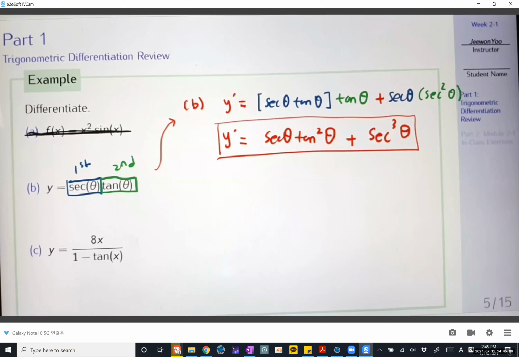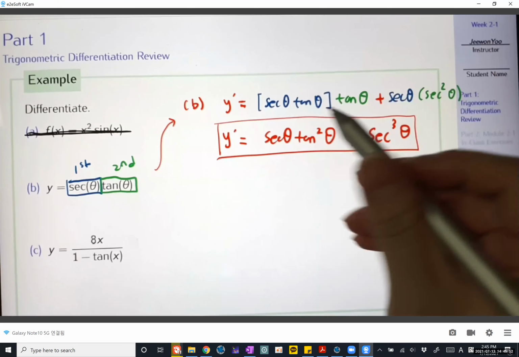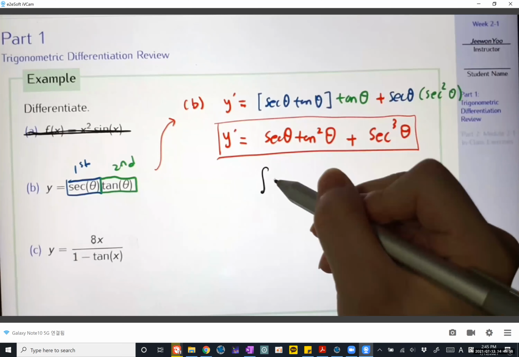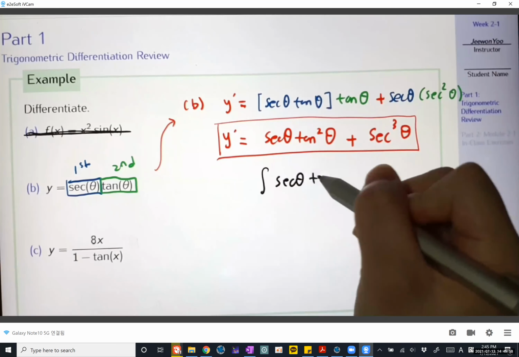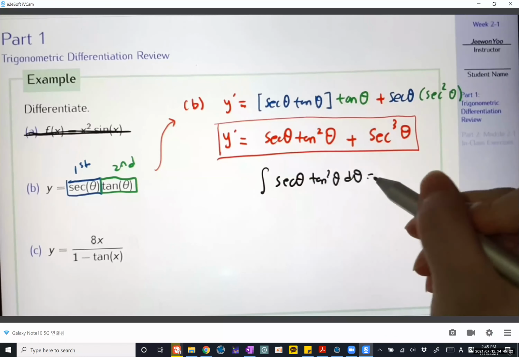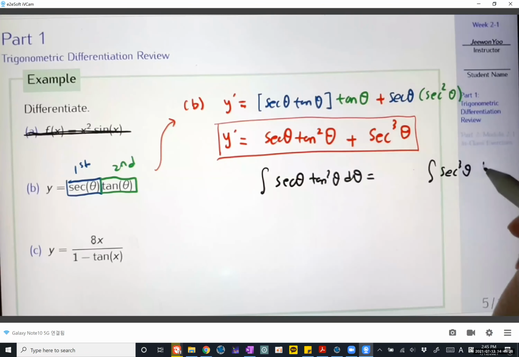Yes, everyone, one of the exciting moments in week 4 is that we're going to learn how to do integrals. Integral of secant theta tangent square theta d theta. And then we're going to find the integral of secant cube theta d theta.